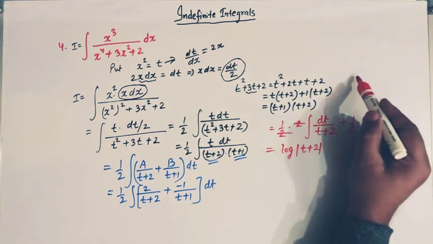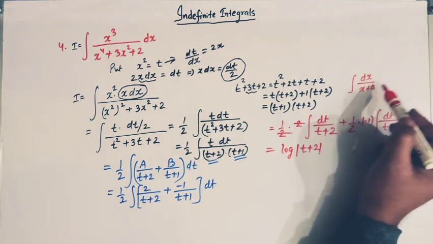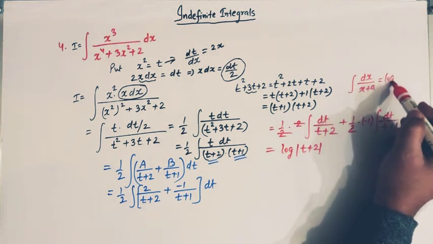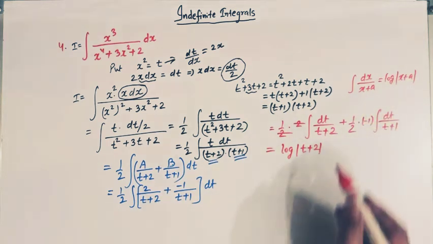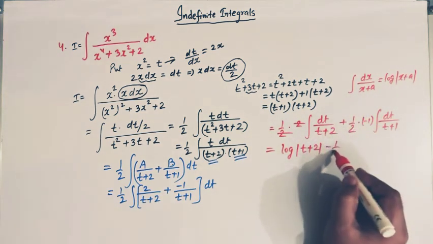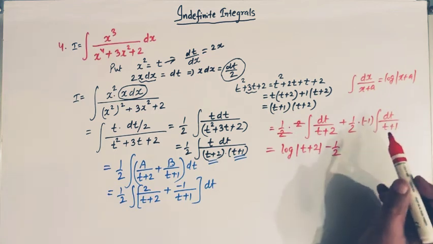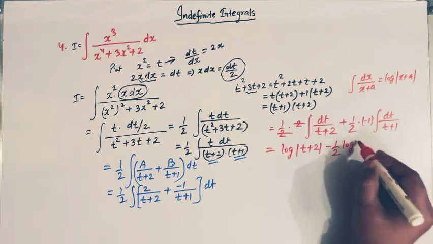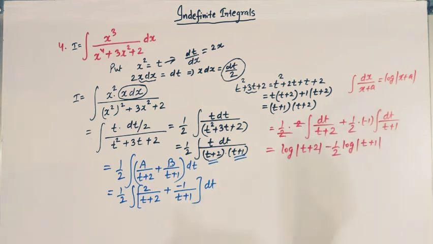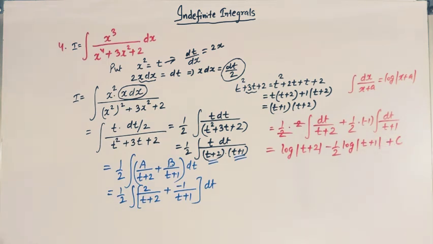Because the integral of dx over x plus a is always log of x plus a, right? And here we have minus half, and integral of this t plus 1 is log of t plus 1, and here we have the constant of integration as c.